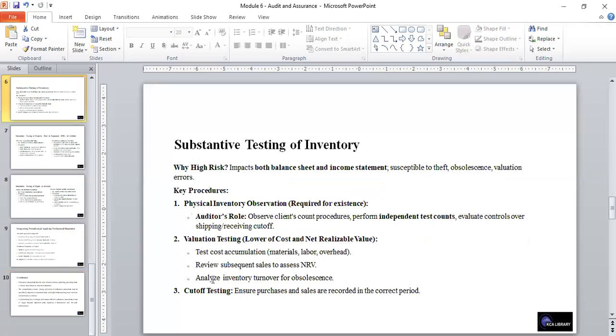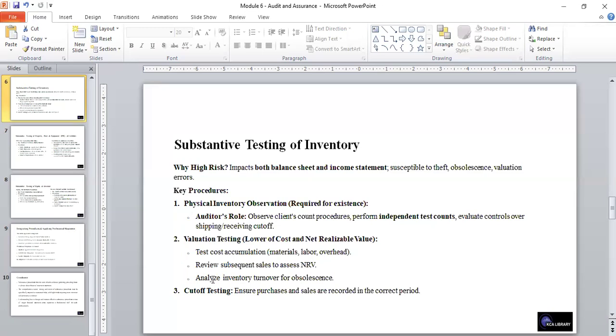Substantive testing for inventory: why is it high risk? It impacts both the balance sheet and income statement, and it is susceptible to theft, obsolescence, and valuation error.